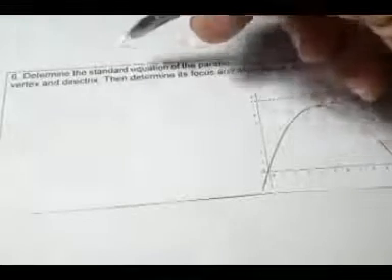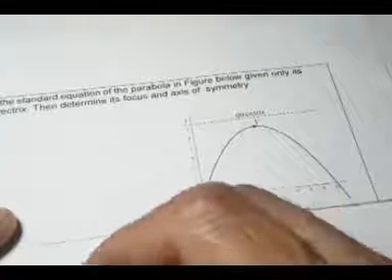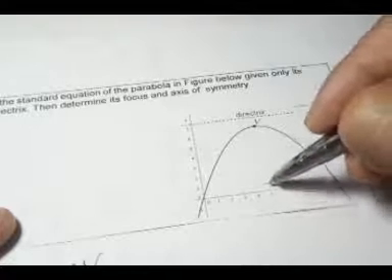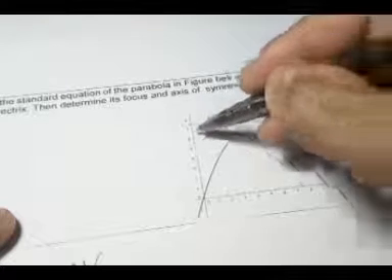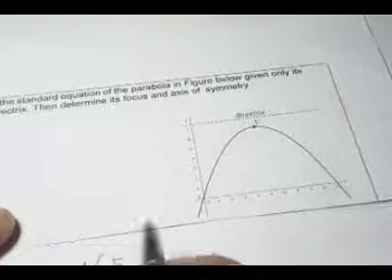Determine the standard equation of the parabola in figure below, given only its vertex and directrix. Determine its focus and axis of symmetry. Okay, so in this graph, we can determine the vertex as this is 5 and 6 1/2. So the vertex is 5, 6 and 1/2.